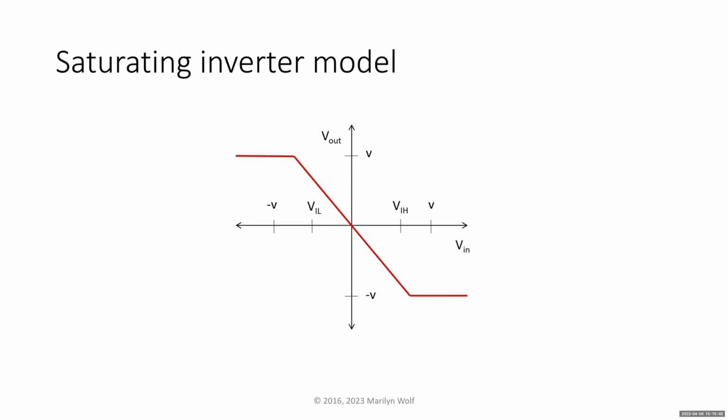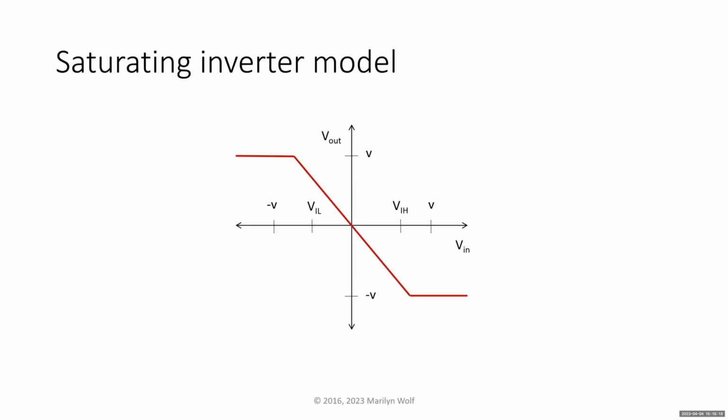We look on the left-hand side, you see that at very low voltages, the output is high, and at high input voltages, the output is 0. Basically we have taken the axes here, and we've changed the origin to be in the middle of these logic ranges. That will help us see a little better what's going on.